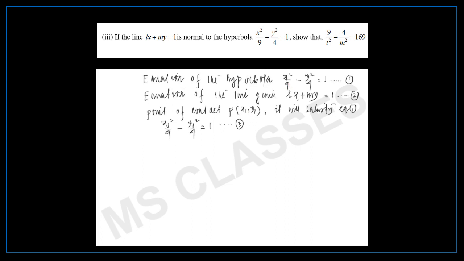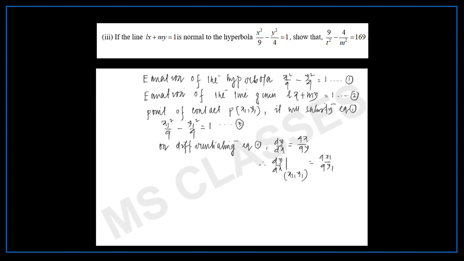So on differentiating equation 1, we get dy/dx equal to 4x by 9y. Therefore, dy/dx at (x1, y1) equal to 4x1 by 9y1.